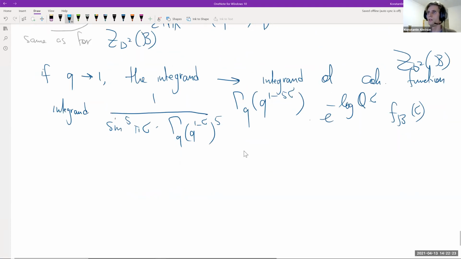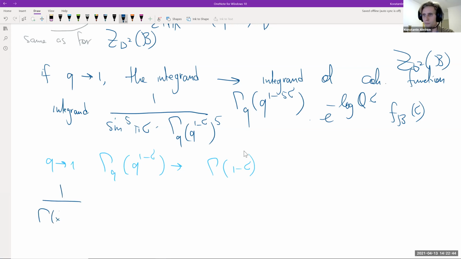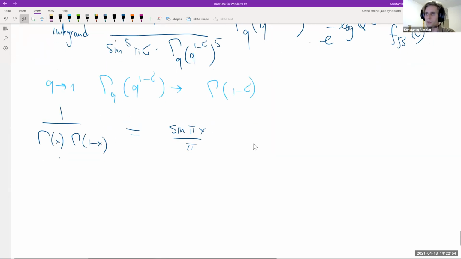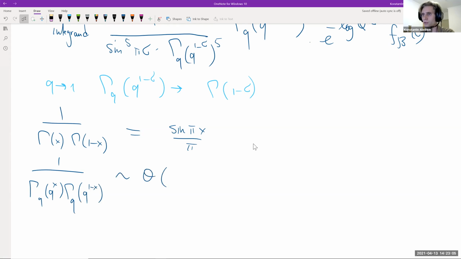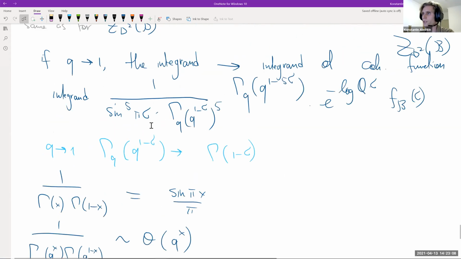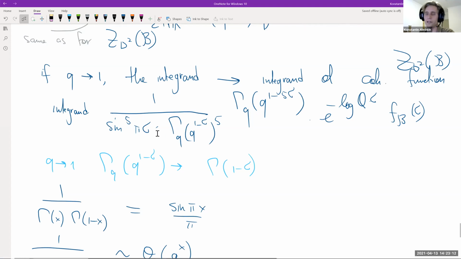As you mentioned, if q goes to 1, then gamma q of q to the 1 minus sigma goes to gamma of 1 minus sigma, and then there is the reflection relation for gamma functions. In the q-world, it is something of the form of a theta function of q to the x. But it turns out that I had to preserve some trigonometric part for this to make sense.